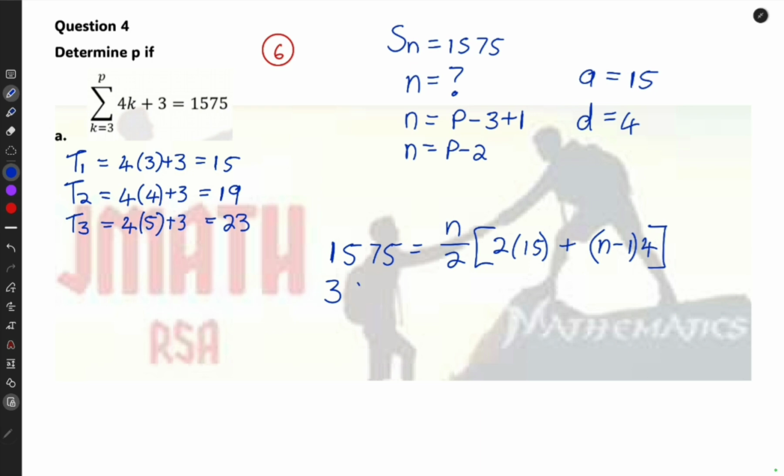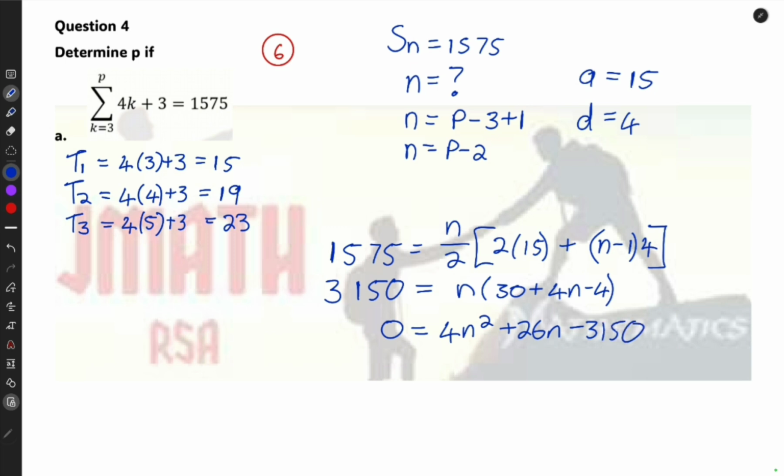That gives me 3150 is equal to, I can simplify this a bit, 30 plus 4n minus 4. Now I want a trinomial, so I am going to say 4n squared, 30 minus 4 gives me 26, and then minus 3150. That is a big trinomial. I can just use the formula to get that answer. You are welcome to use the white calculator.